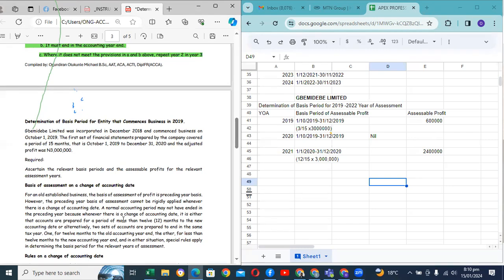Where does the right of election come in this scenario? Finance Act has scrapped out right of election. Right of election occurs when the taxpayer has an option to select between the actual year basis or preceding year basis for the second and third year of assessment. But Finance Act 2019 has scrapped out right of election.